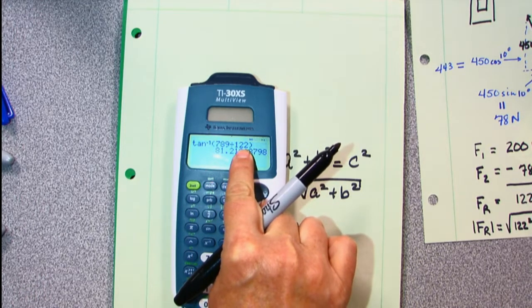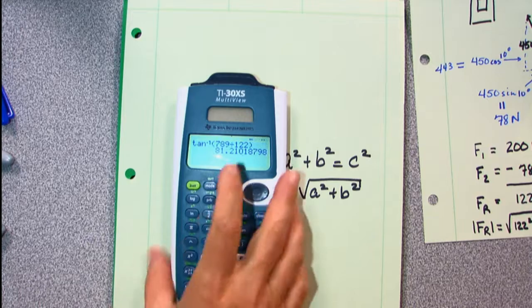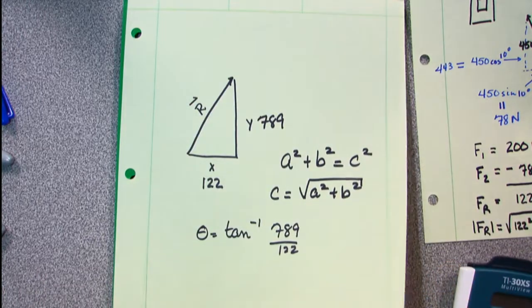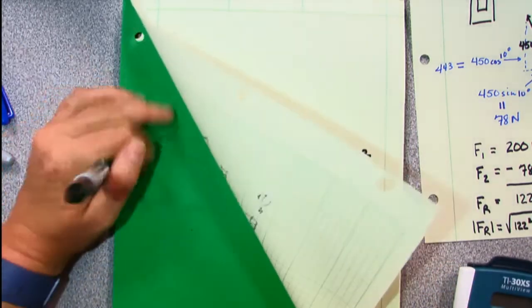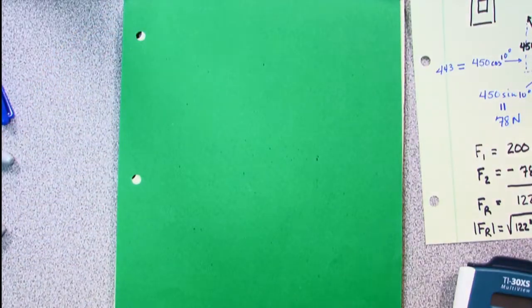Oh, I put 198. So, 81. Yep. Different calculators are going to do it differently, so you have to pay attention to how your calculator does it.